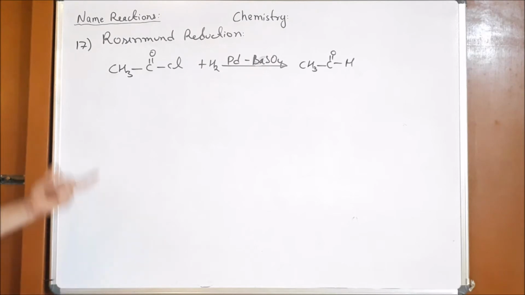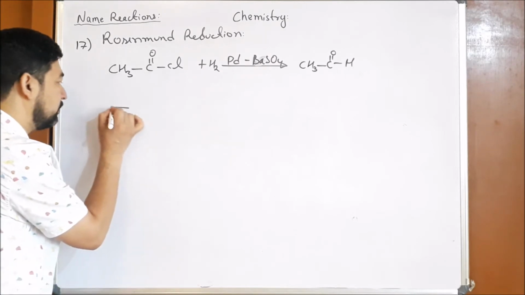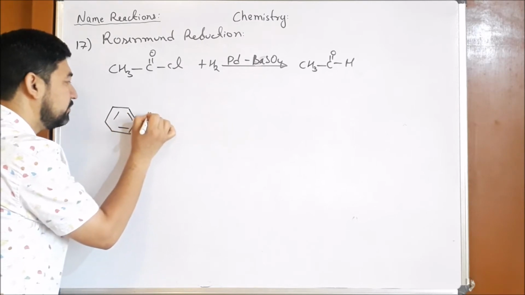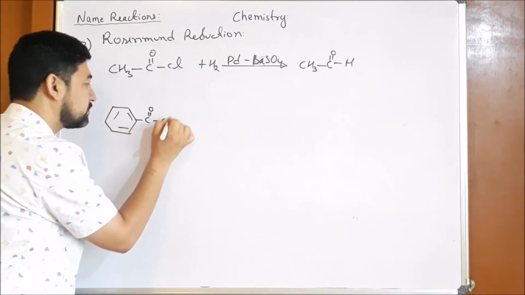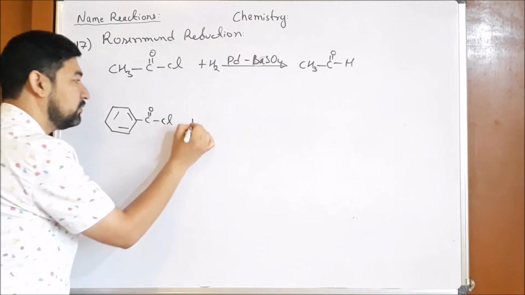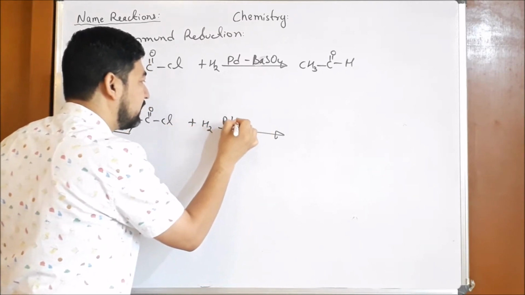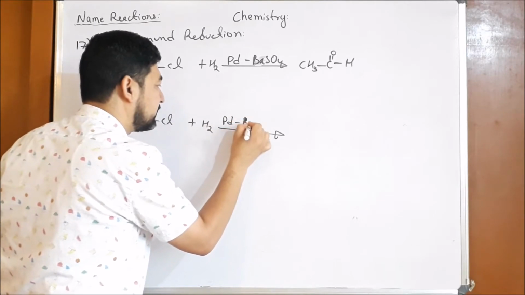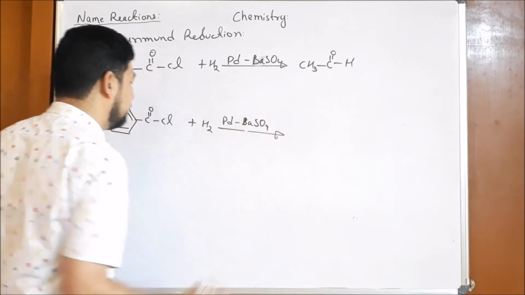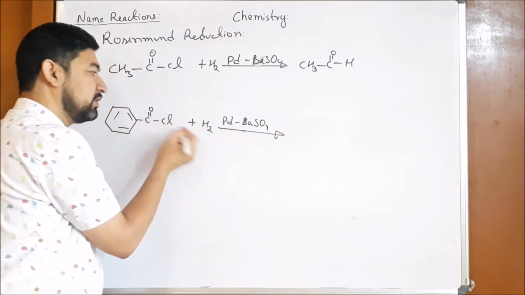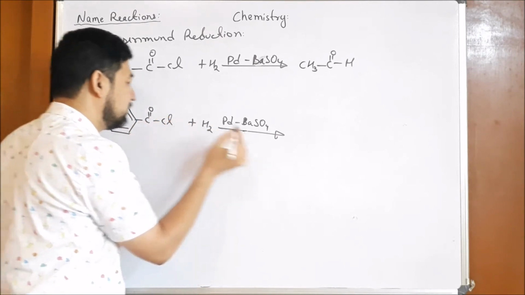This can be applied to the aromatic group. For example, if we have this, then when we pass hydrogen gas over the palladium and barium sulfate mixture, this Cl will be removed and H will come here.